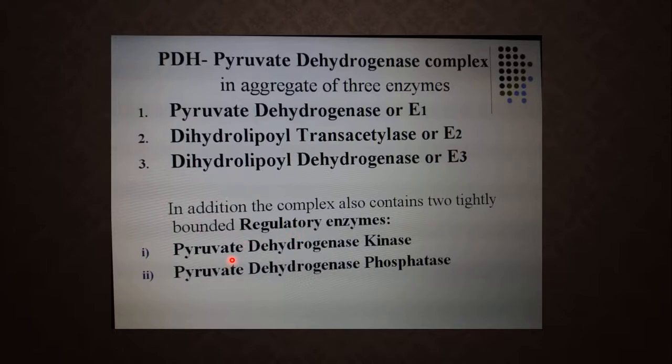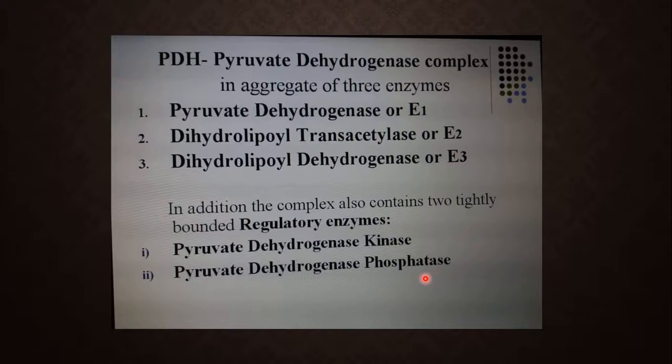They are pyruvate dehydrogenase kinase, very important. When we go into detail, you will see what role pyruvate dehydrogenase kinase plays and what happens when there is a deficiency of this enzyme. It is a regulatory enzyme. And the second one is pyruvate dehydrogenase phosphatase.